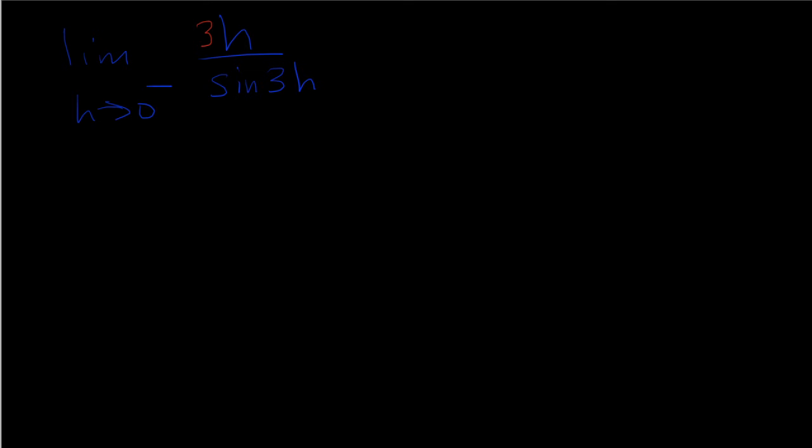But if I put a 3 at the top, that means I have to put a 3 in the bottom to cancel it out. So then I'm going to have the limit as h approaches 0 from the left of 3h over sine 3h. And I could just take out the 3 in front. So this 3 could just come out.